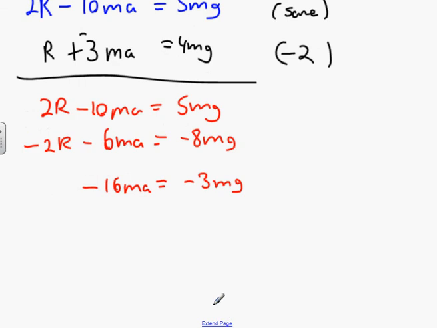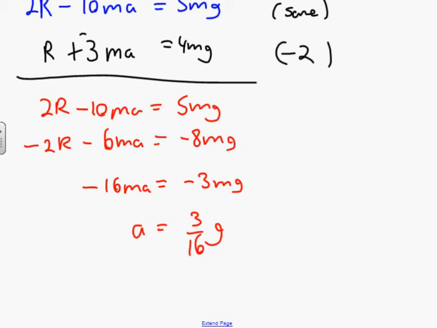Therefore, a is 3 over 16g. So 3 over 16g. Yes. Okay, we're good.